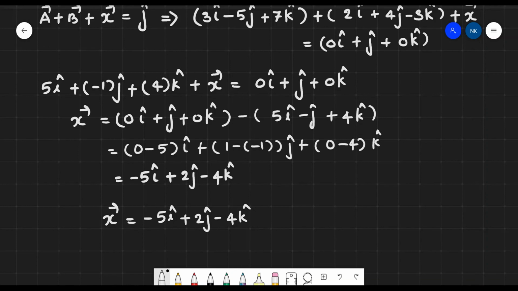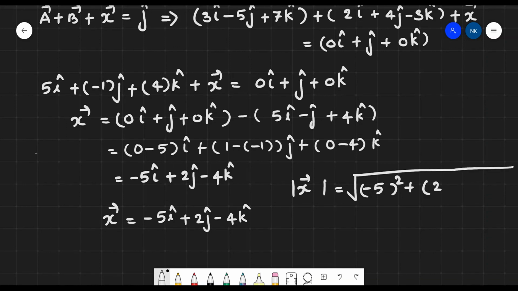So if they are asking for the magnitude of x vector, का magnitude अगर आप find out करना है, so what will be the magnitude? Magnitude is going to be minus of 5 square, क्वेश्चन में नहीं है, मैं ऐसे बोल रहा हूँ आपको, 2 square plus minus of 4 square. So this will leave the magnitude of x vector.